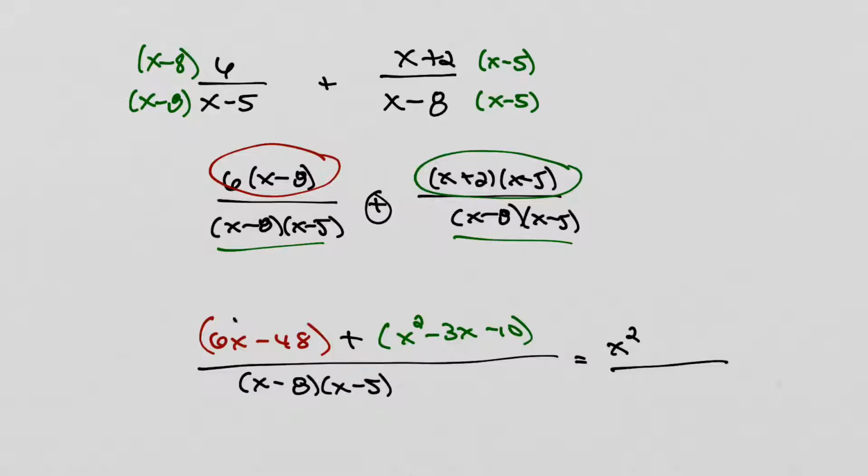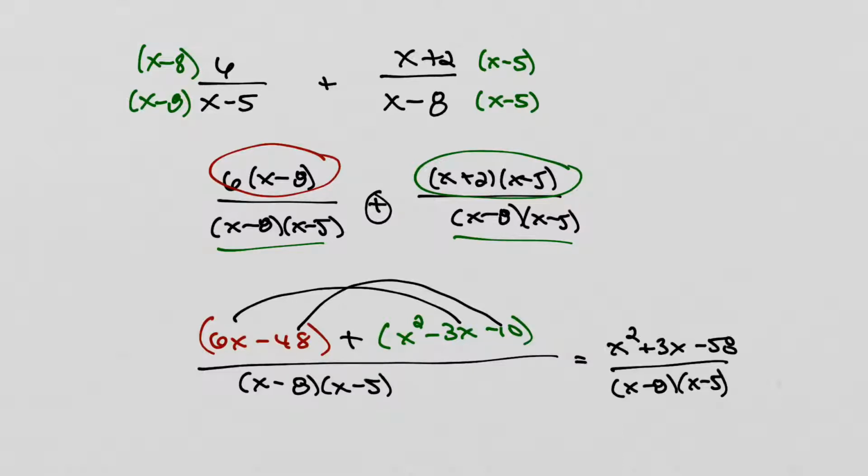Let's see, 6x minus 3x is a positive 3x. And then negative 48 minus 10 more is a negative 58. Right? And then my denominator is x minus 8 times x minus 5. Okay? And if you can, you have to ask yourselves, does this factor? And if so, could it cancel with anything else? In this one, it doesn't actually factor, but let's take a look at one that does.